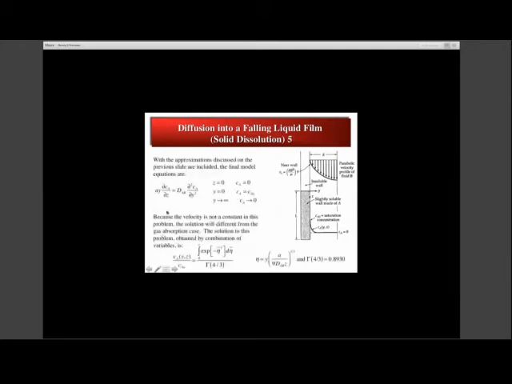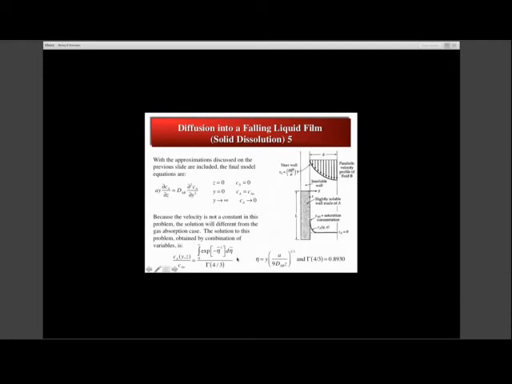And so we can solve this problem again. It looks very similar to the problems we've looked at before, except now we have an extra term on the convection side, and it turns out that the solution to this problem is easiest, at least for me, in terms of a combination of variables approach.